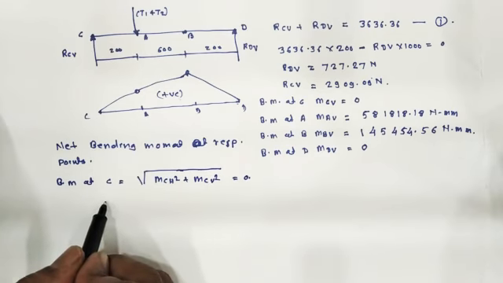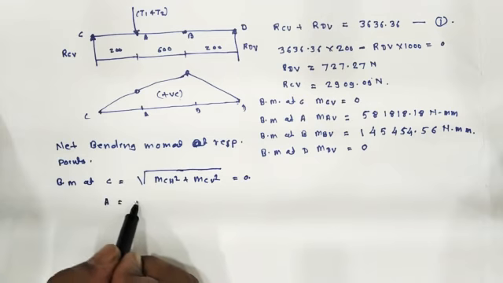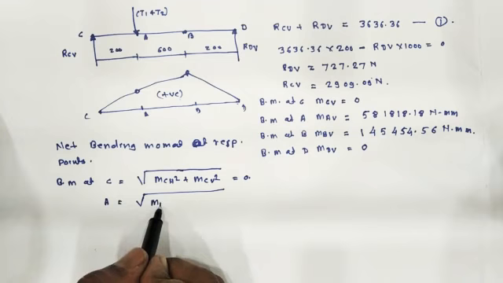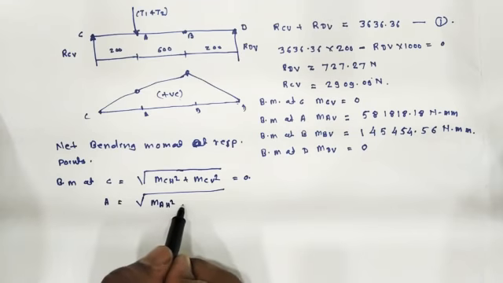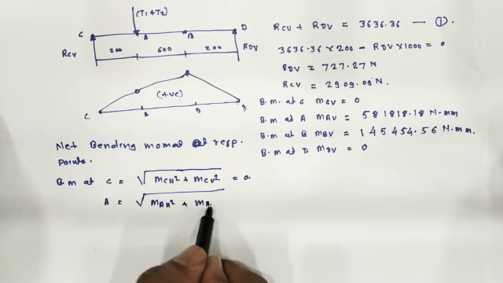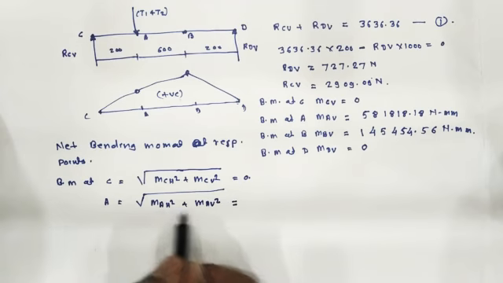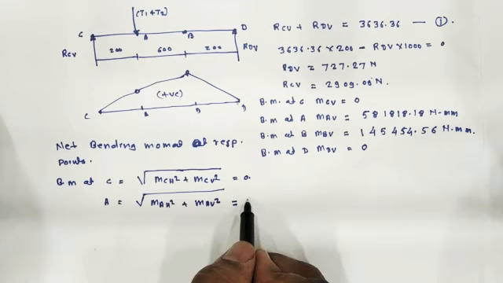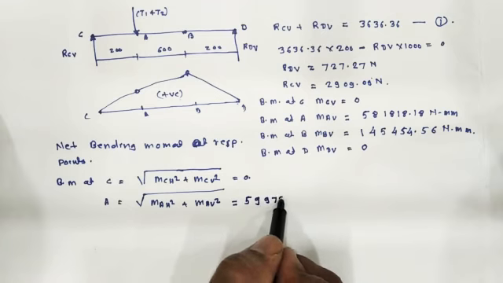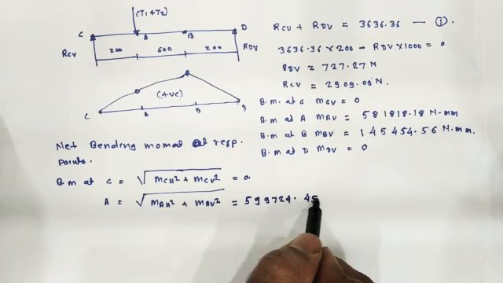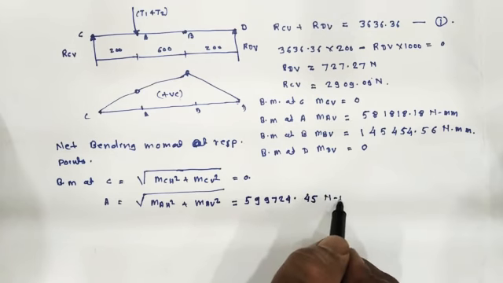Bending moment at A is, again by the formula, the square root of MAH square plus MAV square, and by substituting the values of the bending moment in the horizontal and vertical planes, we have 599,724.45 Newton mm.